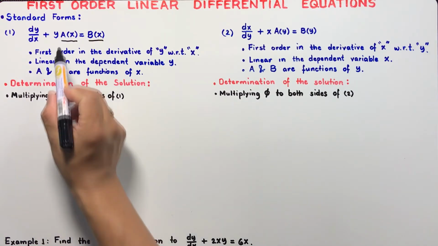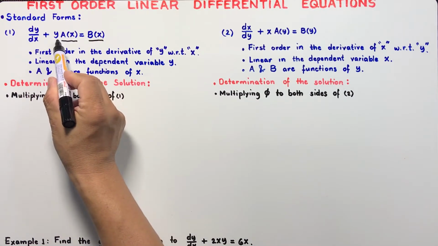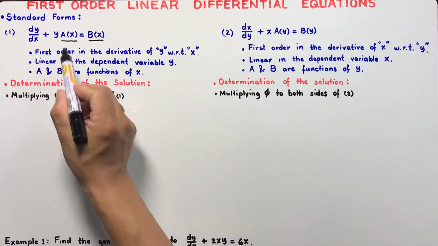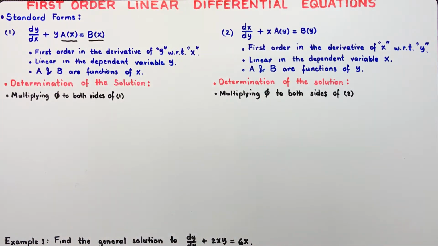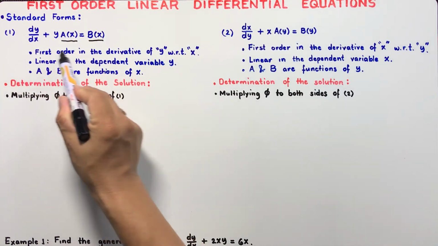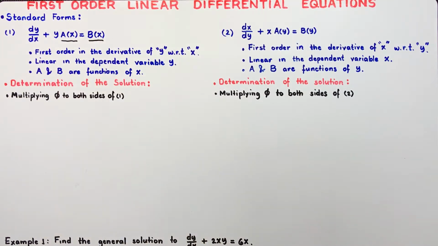And this is linear in the dependent variable y. And also, a and b are functions of x. So if you have a differential equation of this form, then this is a first-order linear differential equation.